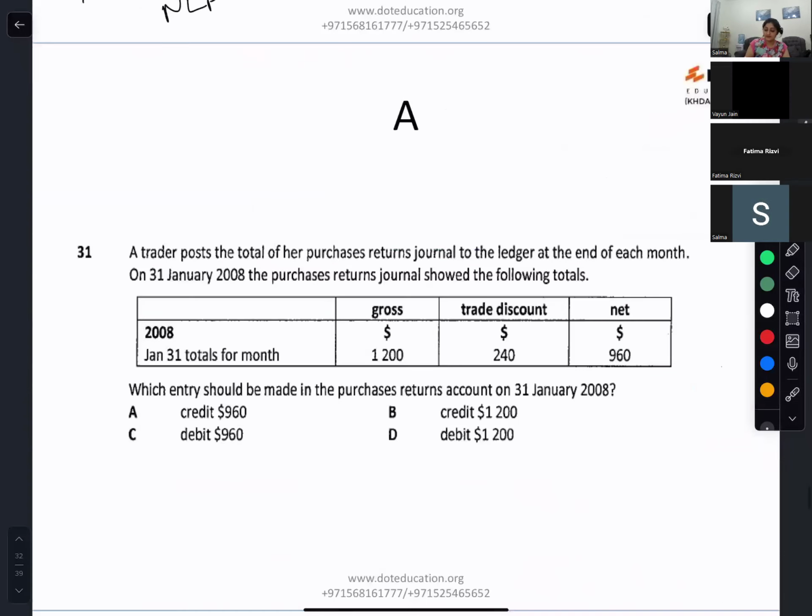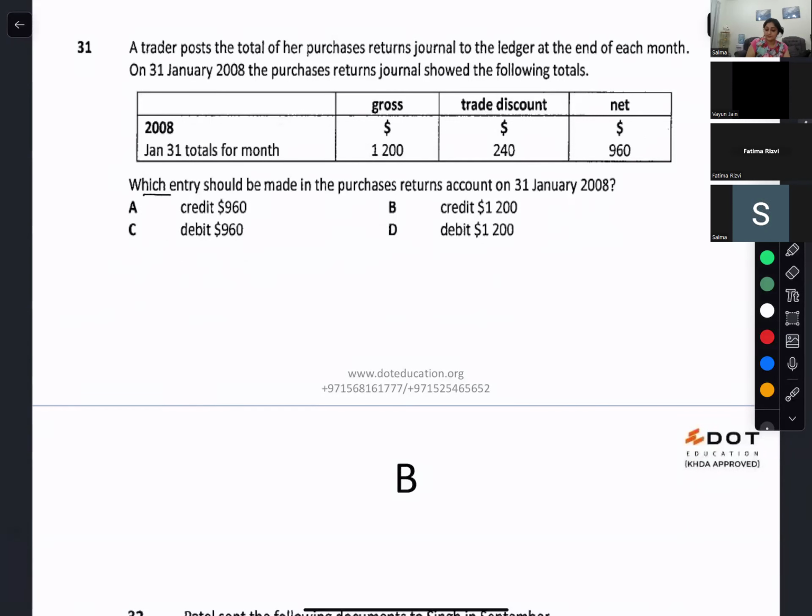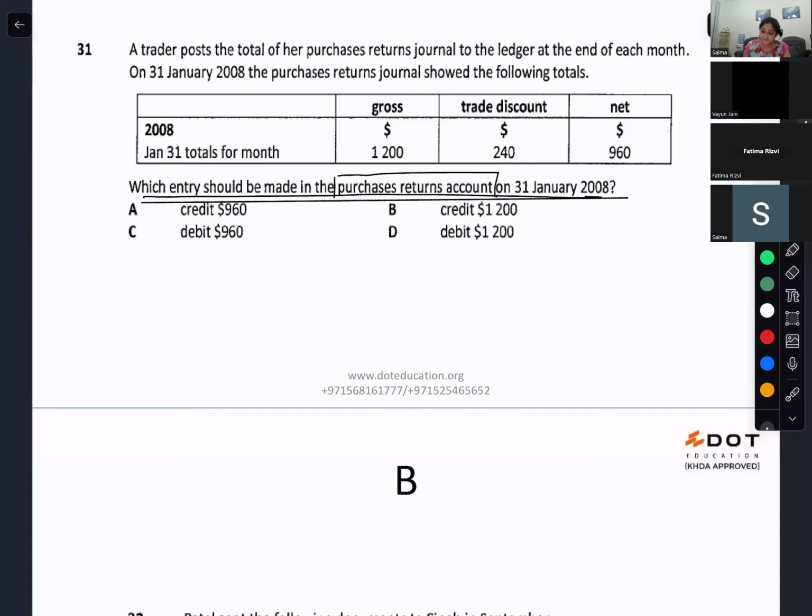Read the main question first. Which entry should be made in the purchases returns account on 31st January 2008? You don't know this question, right? Yes, miss, this is the question I had confusion with. A trader posts the total of a purchase return journal to the ledger at the end of the month.